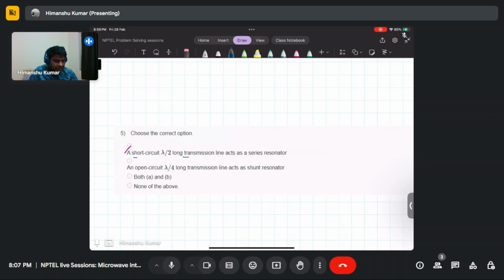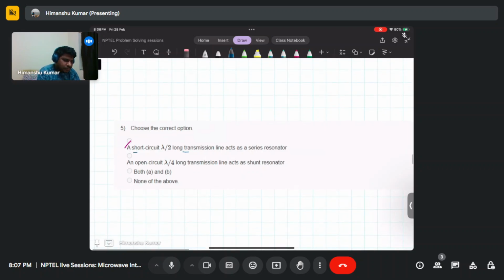So basically, for the short circuited line, we can write the generalized impedance equation. We can write the input impedance as... just wait.